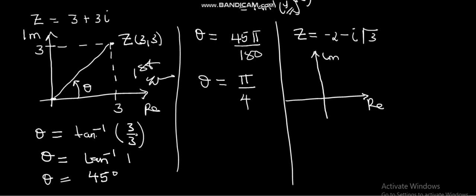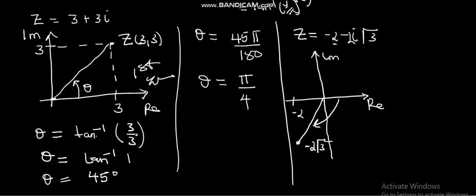Now on the real axis we have a negative 2. On the imaginary axis we have negative 2 root what? 3. So upon sketching we shall have something of that sort, and we need this angle.